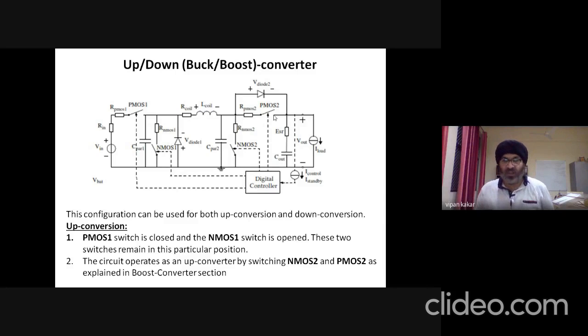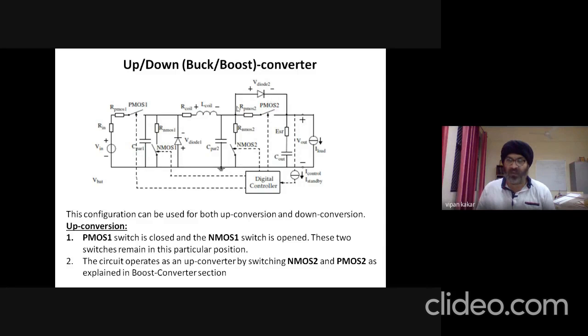And we can follow the same principle of operation for the boost converter by first switching on the NMOS 2 for phase 1, and then for phase 2, PMOS 2 is switched on, and for phase 3, both are turned off. NMOS 2 and PMOS 2 are turned off.